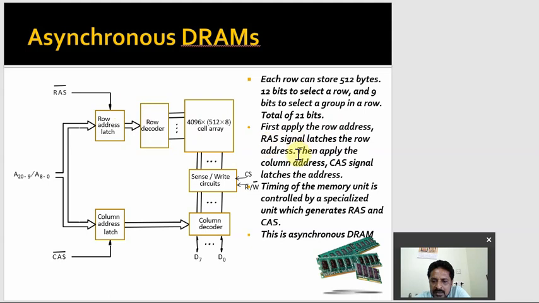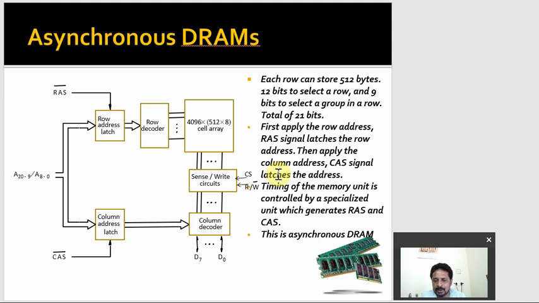If you want to identify any element in an array, you definitely need to apply the row and column. Based on that, we identify or retrieve the element.